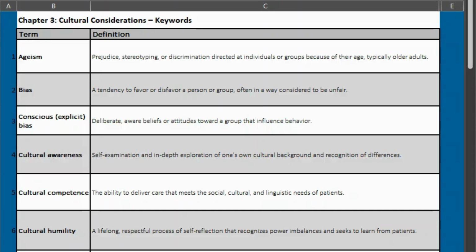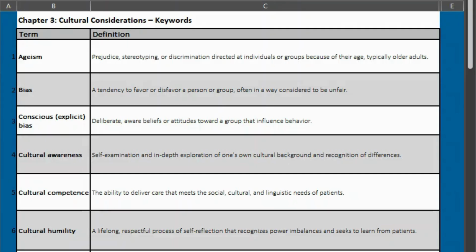Bias, very important. Be aware of personal preferences that may affect triage decisions. Conscious, explicit bias: refusing to use the patient's preferred interpreter because you believe English practice is good for them.